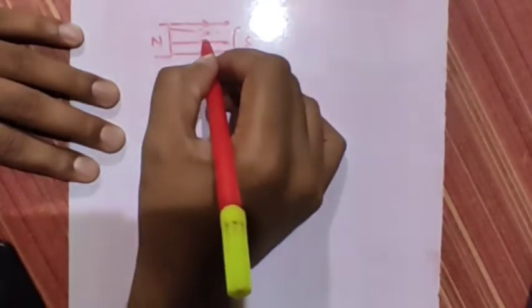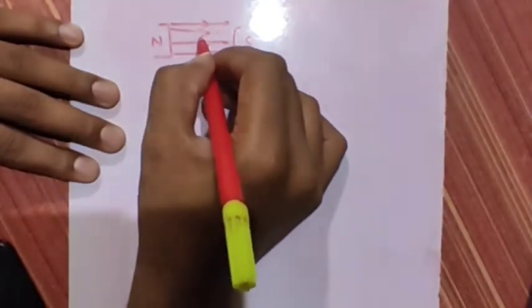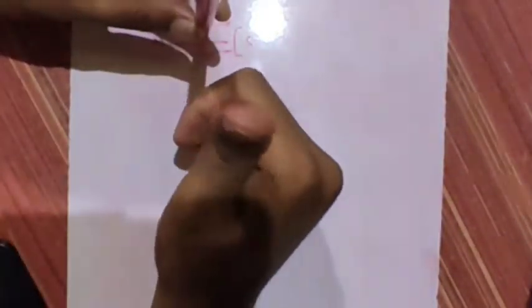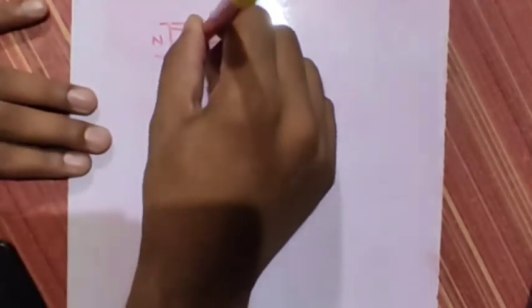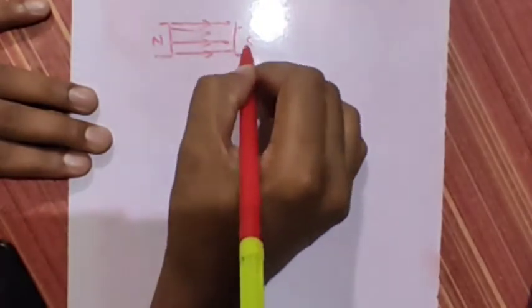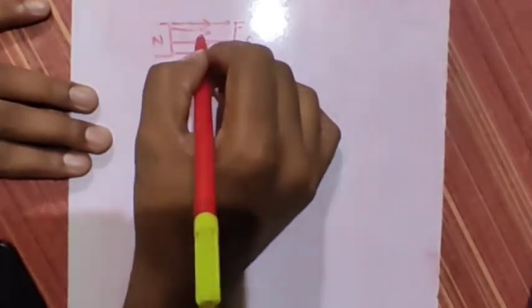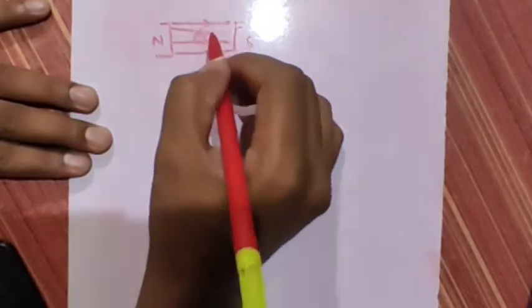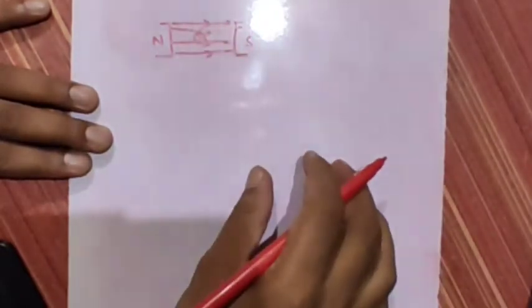So when a current carrying conductor is placed here, suppose that is a conductor and the current is flowing inward or outward. What happens to the conductor? The current carrying conductor placed in a magnetic field experiences a force.